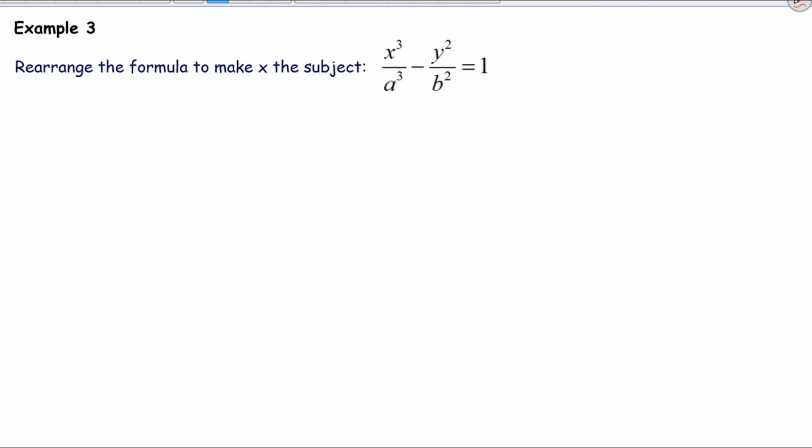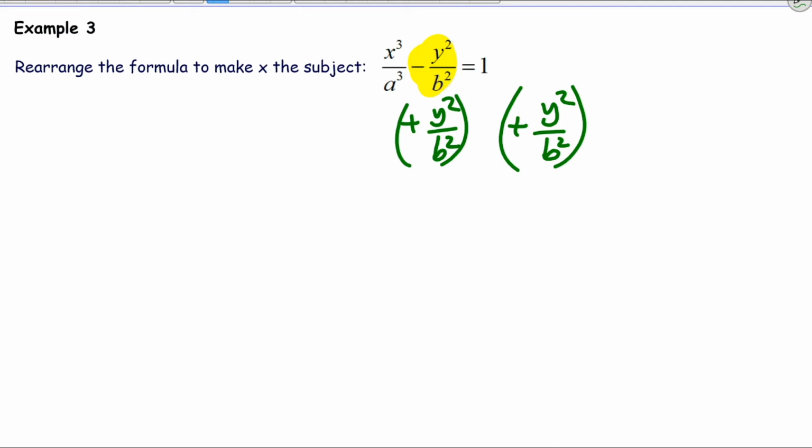Example 3, rearrange the formula to make x the subject. So the first step that you may want to do is to get rid of this term. So the opposite of subtracting y squared over b squared is adding y squared over b squared. So we're going to add y squared over b squared on each side of this equation.